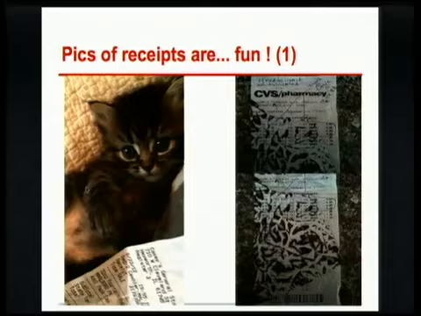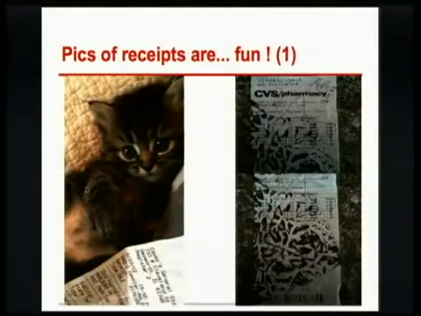So upload, image pre-processing. We love, again, a lot of funny cat videos on YouTube, but we get cat pictures as well. So little kitty, very cute. On the right, that's a great one. It's a little bit hard to see on the screen here, but basically what we think happened is someone had a shopping receipt that was really wrinkled, right?